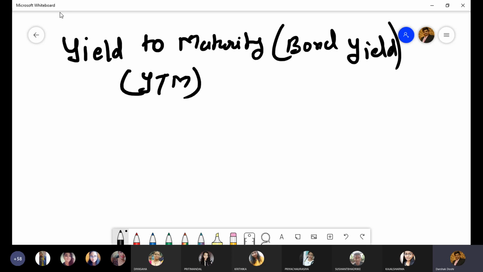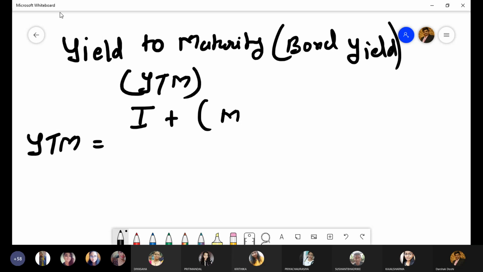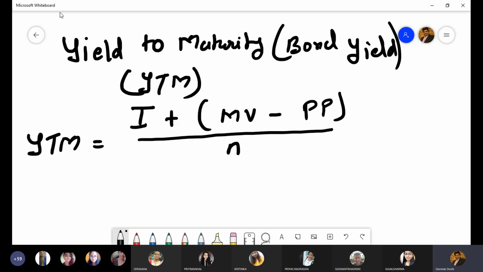So the formula for yield to maturity is YTM equal to I plus bracket open maturity value minus purchase price divided by n, close bracket, divided by maturity value.